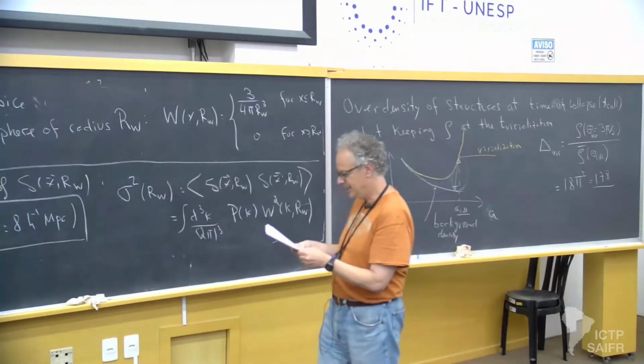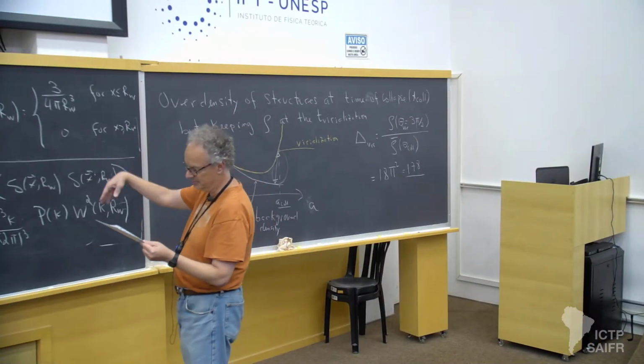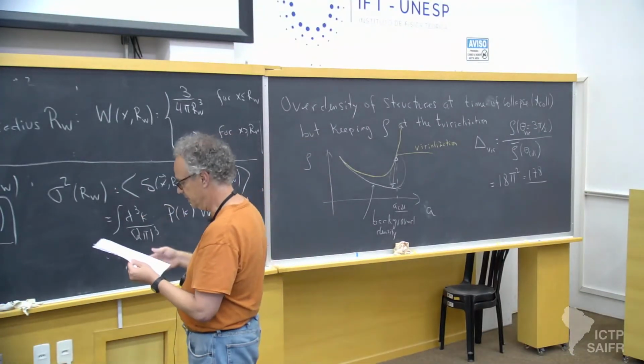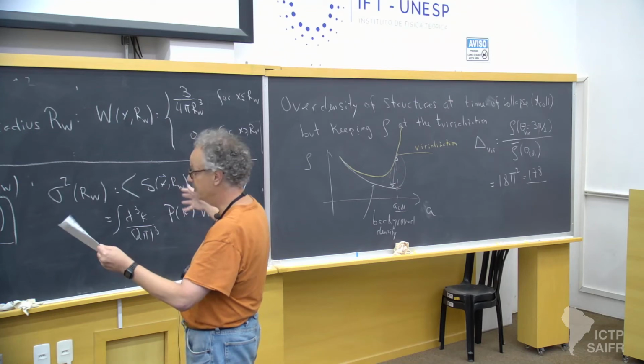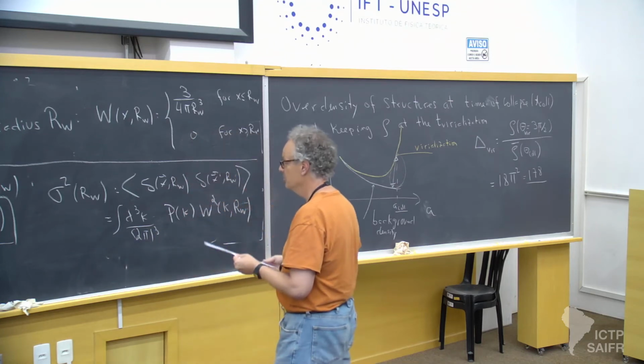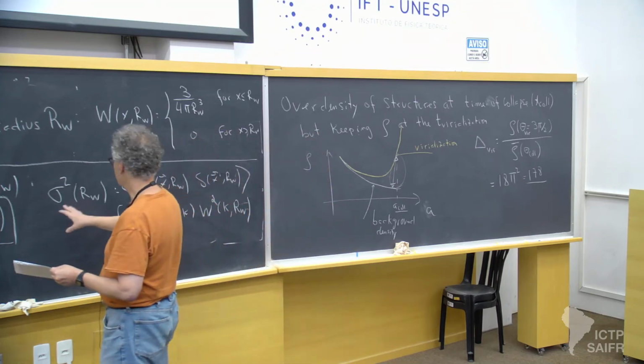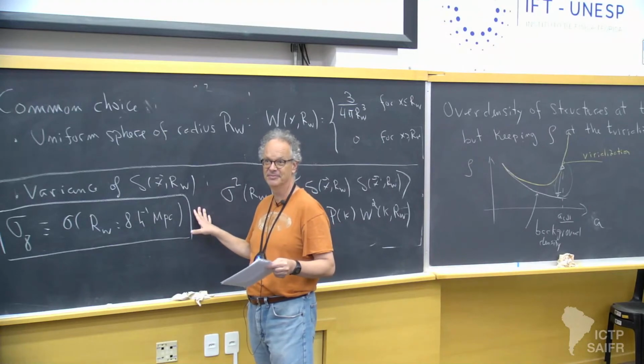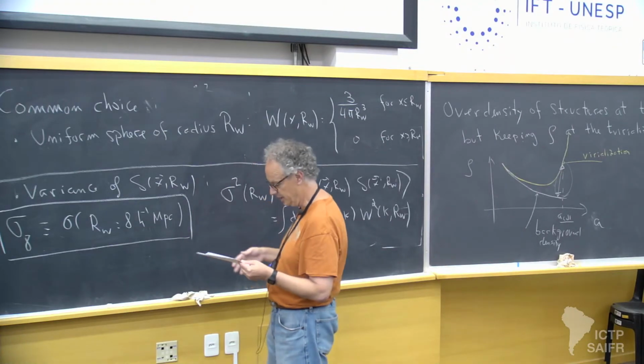So this is the variance of this primordial field fluctuations within a sphere of radius 8 megaparsecs. We usually think of this at redshift 0, linearly projected to redshift 0.